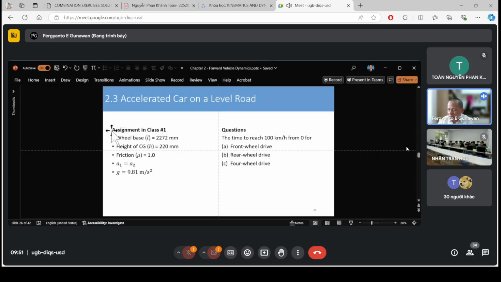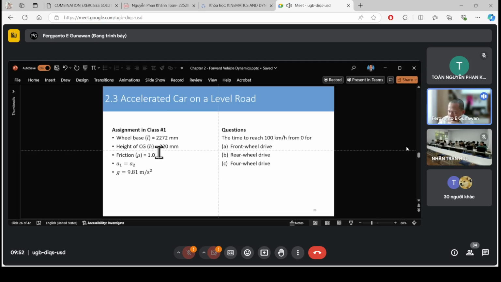I'd like to give you a very simple assignment here where you must determine the time to reach 100 km per hour from zero, if your car is four-wheel drive, rear-wheel drive, and this one is front-wheel drive.